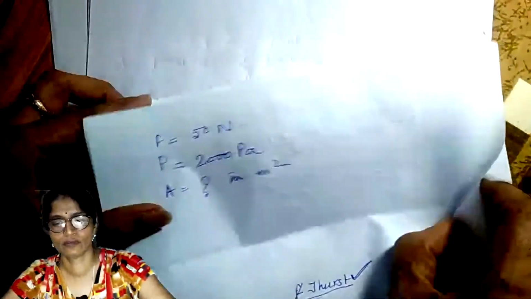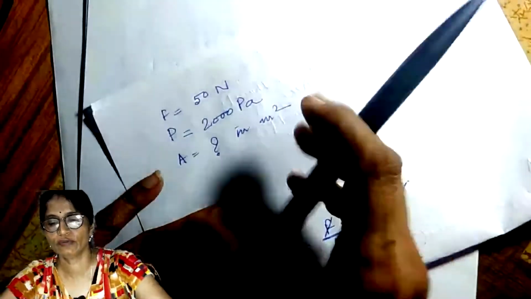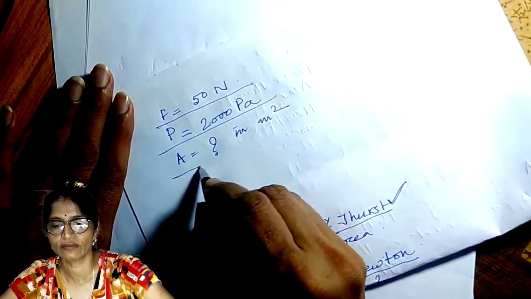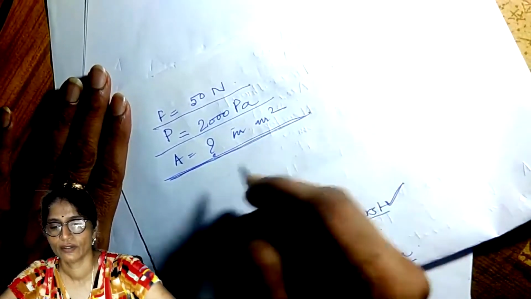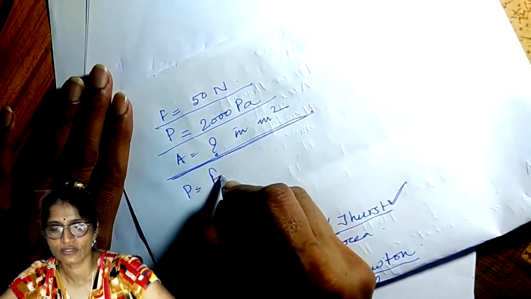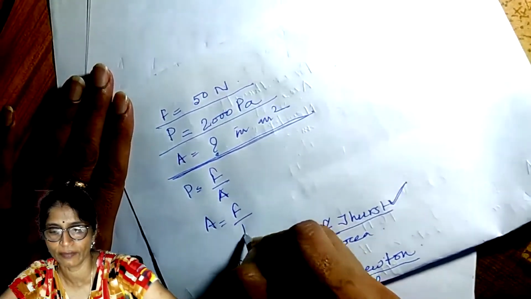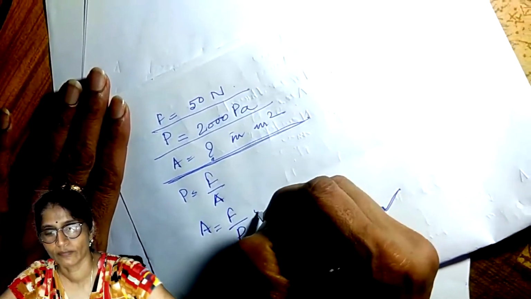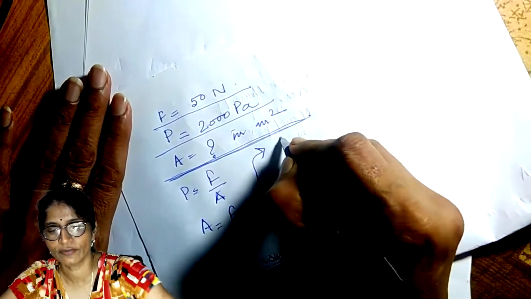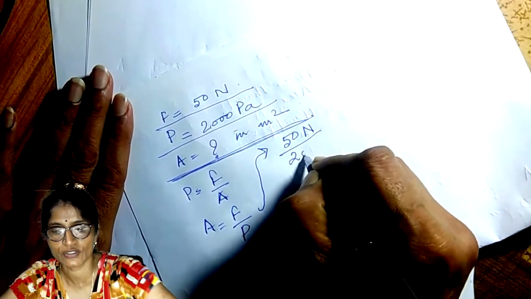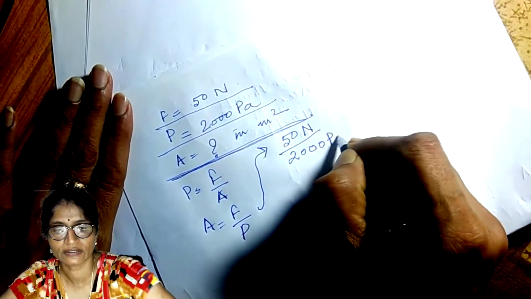Next sum is, here force is given to you, then pressure is given to you, you have to find out the area in meter square. So pressure is equal to force divided by area, you have to calculate the area, so A is equal to F divided by P. Okay. Now force is given to you, 50 Newton, and pressure is 2000 Pascal.